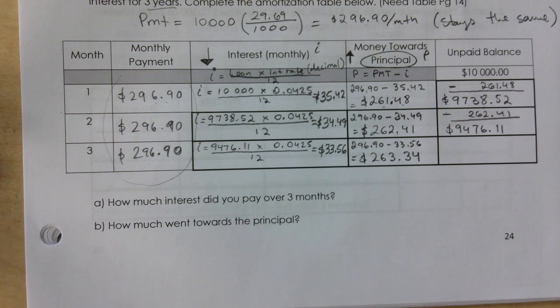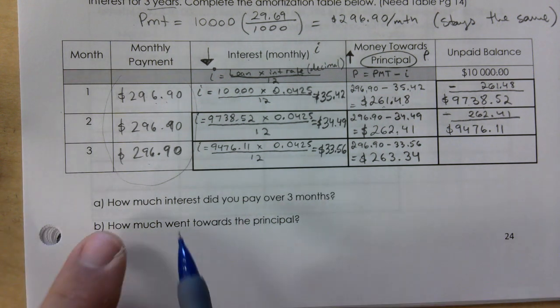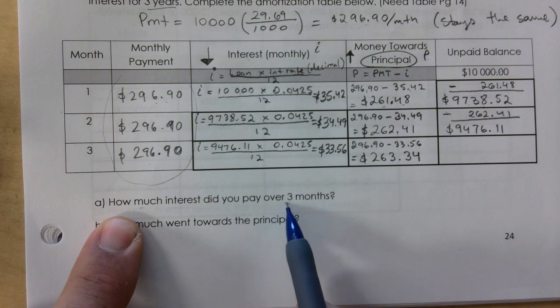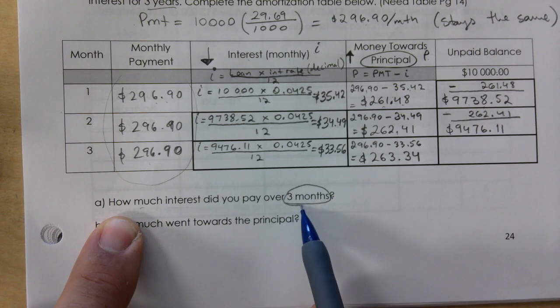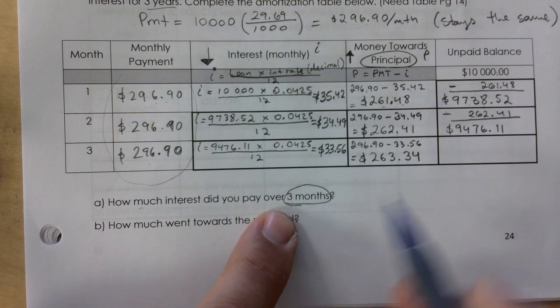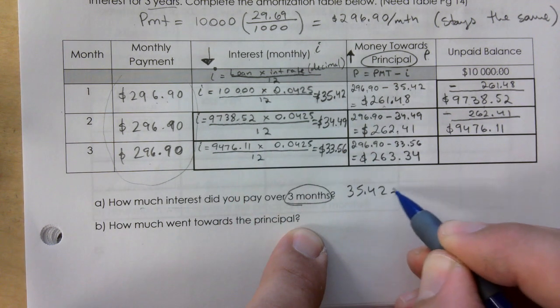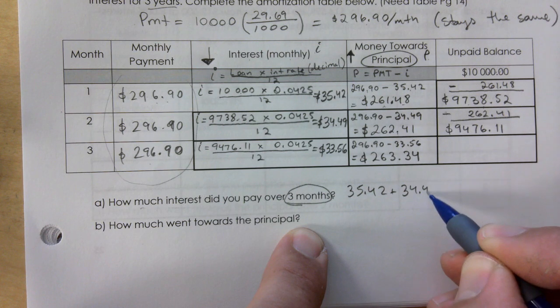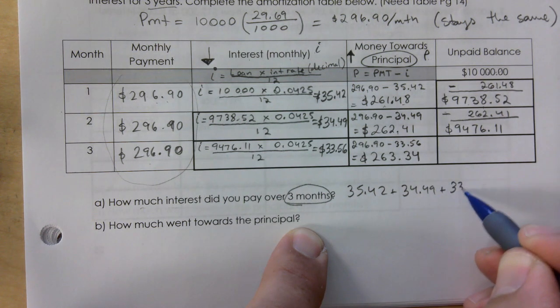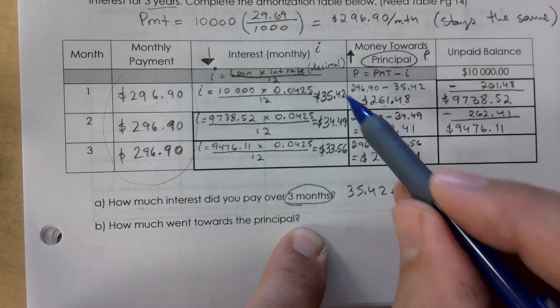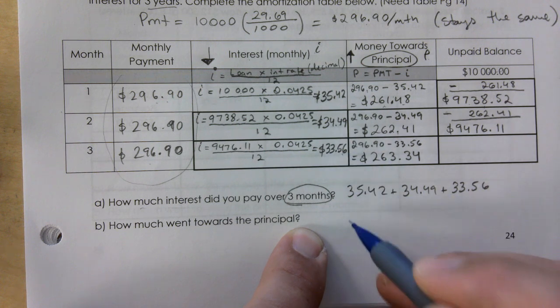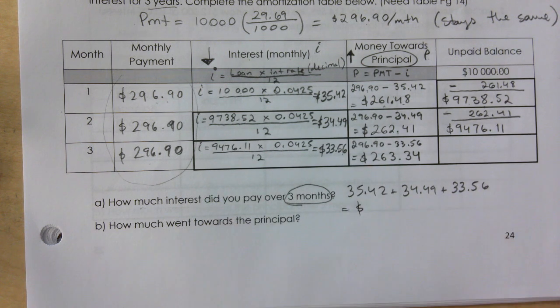So 3 months went by. Now what can we say? How much interest did you pay over 3 months? The first 3 months, that is. We're going to add the 35.42, the 34.49, and the 33.56. We're going to add these three values together, and that is our total interest.